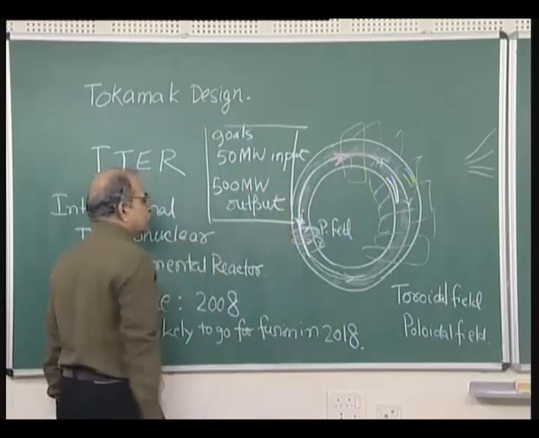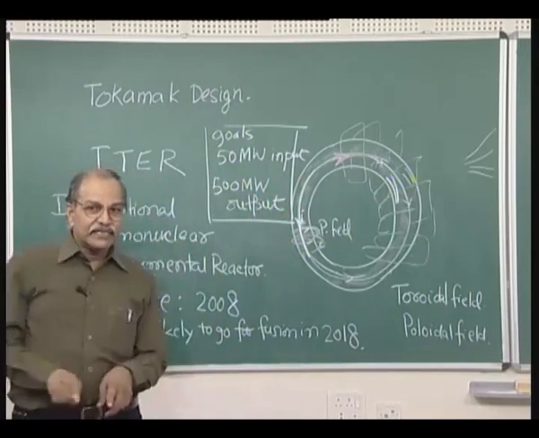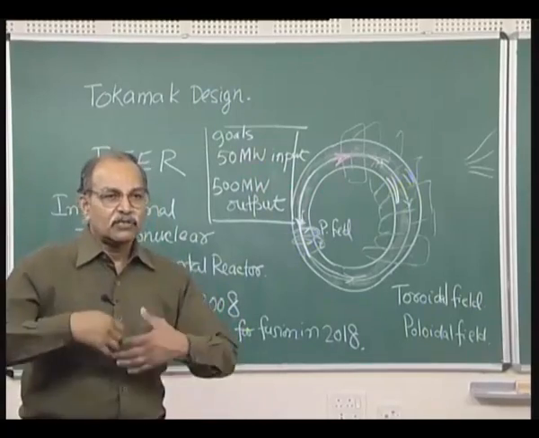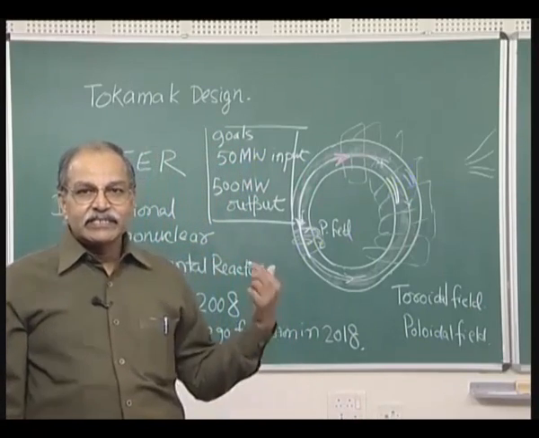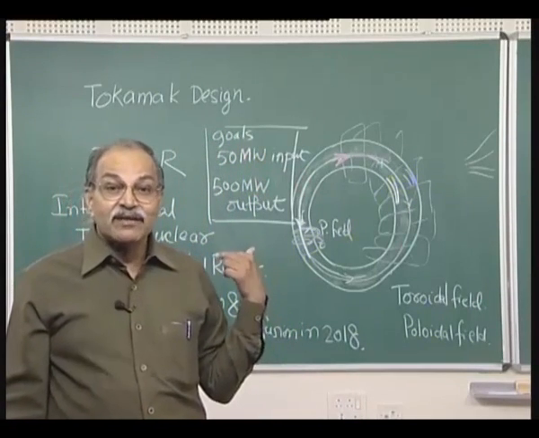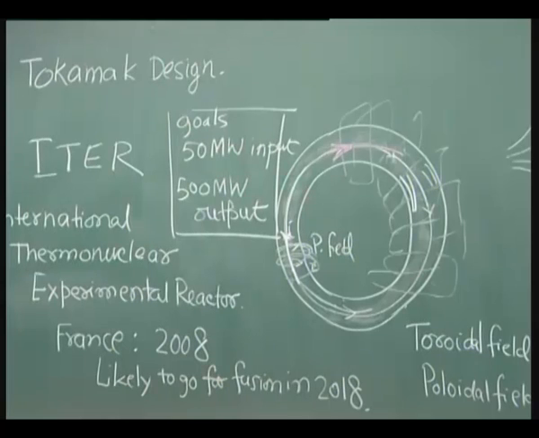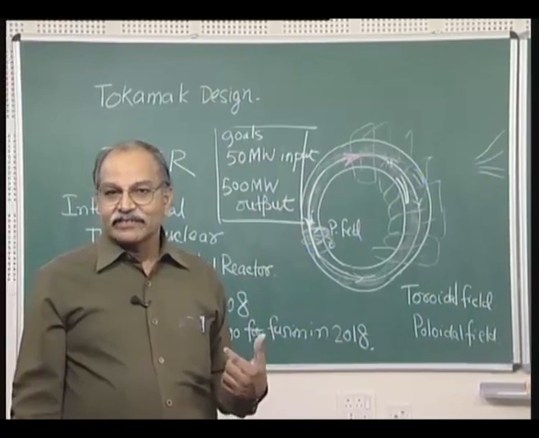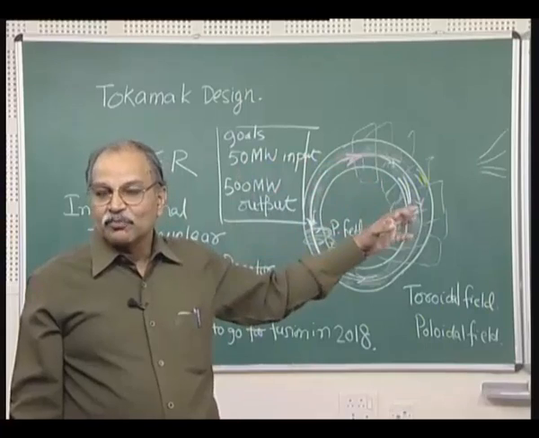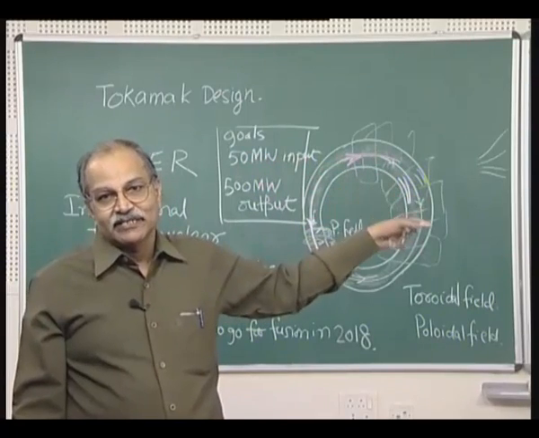That is the kind of design that has been created through all simulations, all calculations, all equations. It is still an experimental reactor. International Thermonuclear Experimental Reactor is still not a commercial unit to produce electricity.